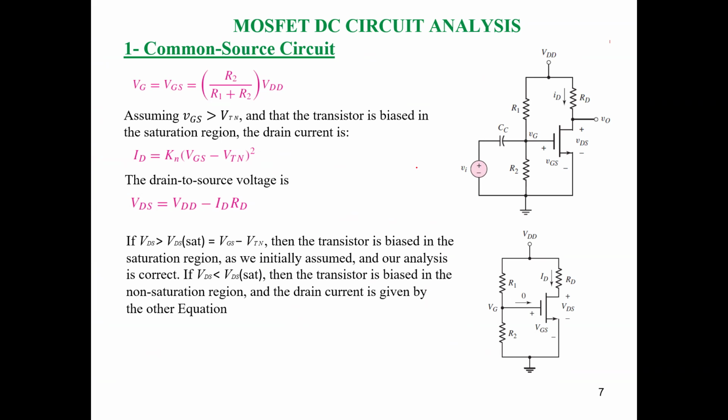Let's firstly say I'm going to use this MOSFET in a certain application. Let's say in electrical power, I will use the MOSFET to drive a motor in a certain circuit, and I need to operate this MOSFET as a switch.